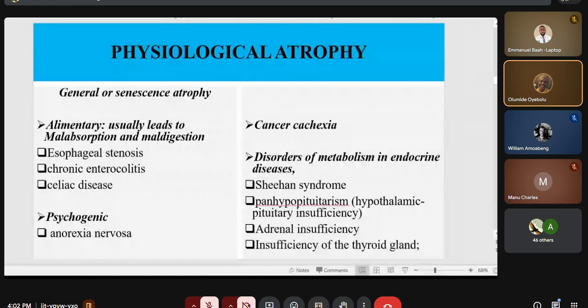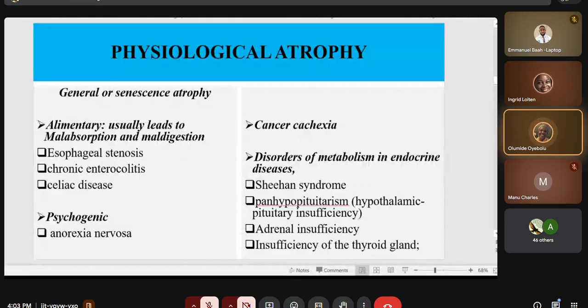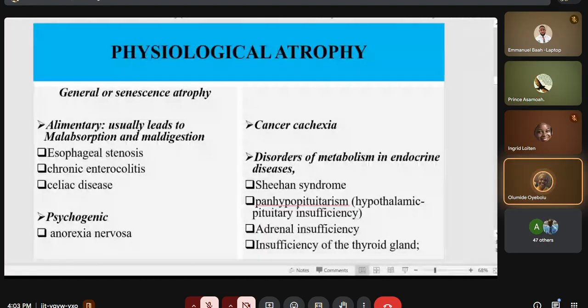That's my understanding. Sorry, say that again, please. Before he left, he assigned us to select one of the bullets that are on the slide and give a comment on that bullet: what it is and how it describes the form of atrophy. That's my understanding. Correct me if I'm wrong.